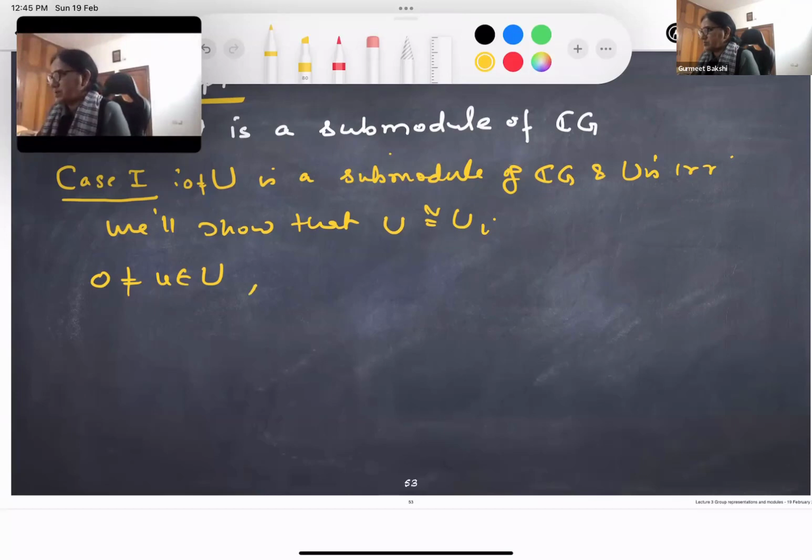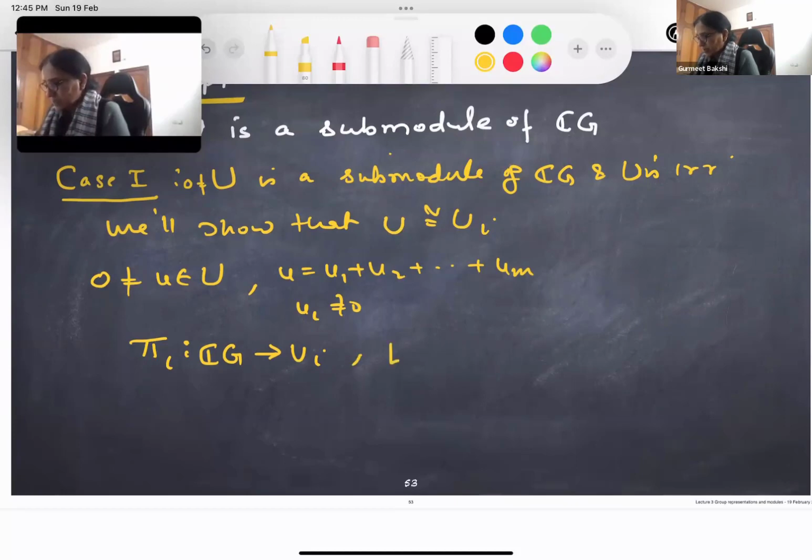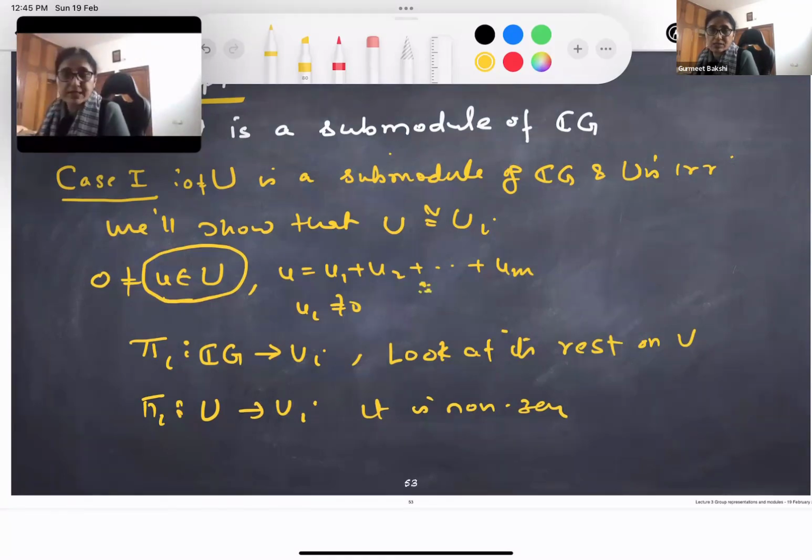Then you write CG as U1 direct sum U2 sum up to UR, and some of the UIs is not zero because I have taken a non-zero element of U. So if I look at the projection pi I from CG to UI, and then look at its restriction on U, what I get, pi I from U to UI, is not zero, because there is some element of U whose projection to the ith component is not zero.